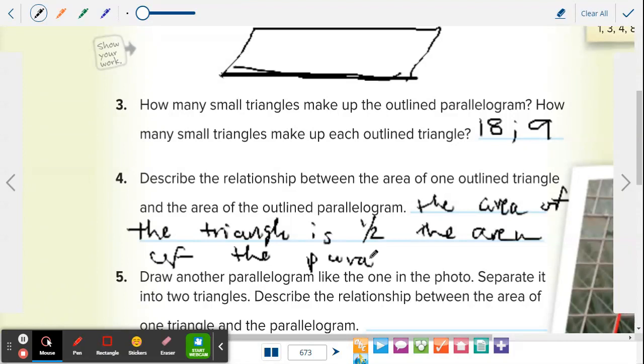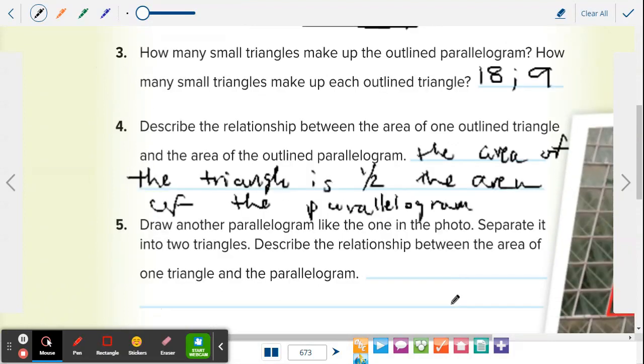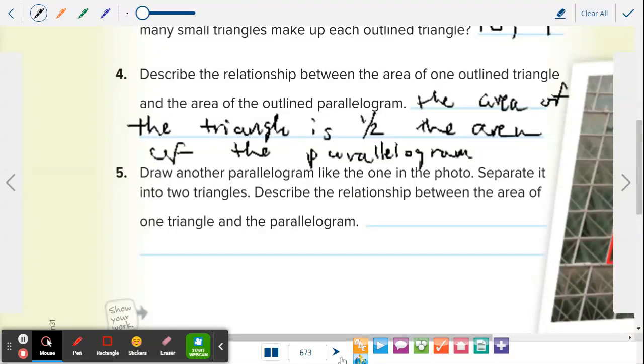So literally, it's just 1/2. Okay, so that shows us there that the triangle is 1/2 of the parallelogram just by looking at the area, by looking at those windows.